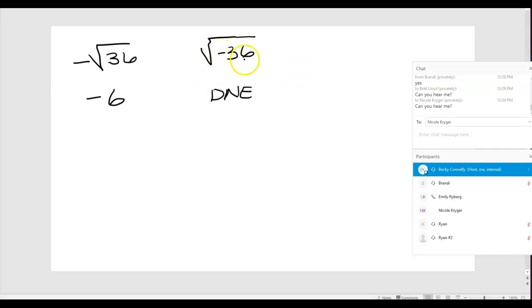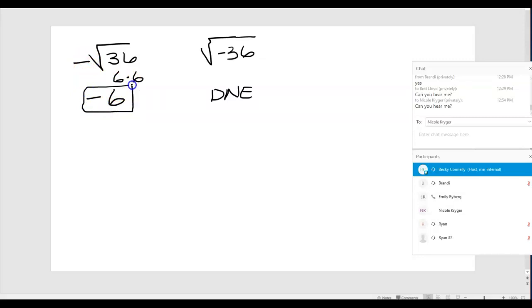When we're taking square roots, remember we're thinking of what number times itself gives us 36. So 6 times 6 gives us 36. That's why the square root of 36 is just 6, and then you bring down that negative and multiply by it.